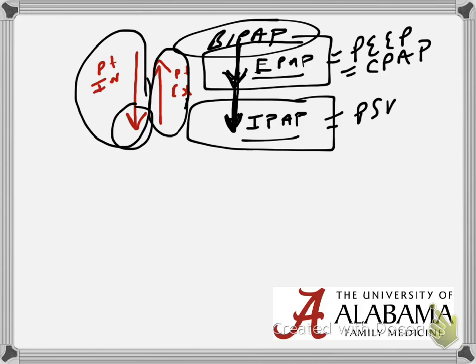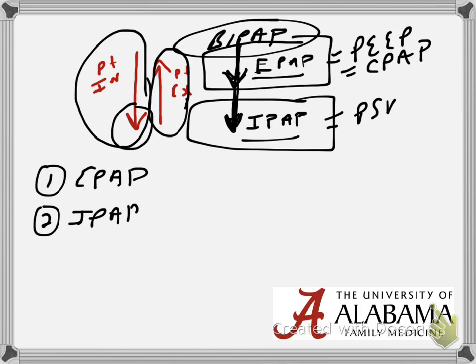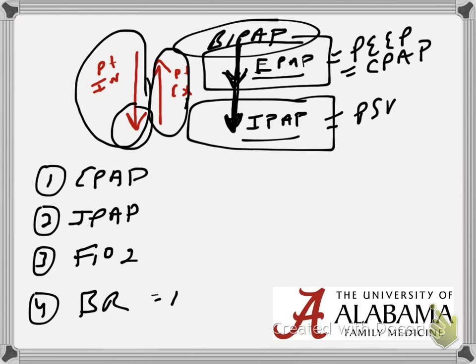The BiPAP machine has three main settings, which we've talked about: EPAP, IPAP, your FiO2, and there's also a backup rate. The backup rate is the least important of all of this. You can generically set the backup rate at 15 or 16, in the same way that you would set it generically for mechanical ventilation, but it is the least important setting on the machine.